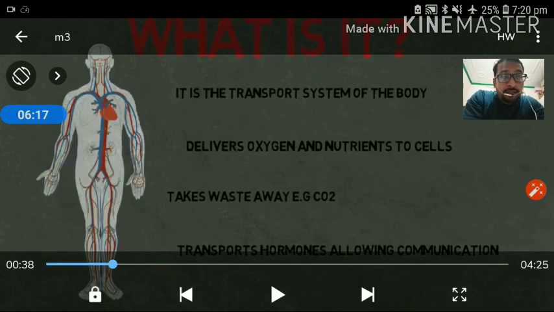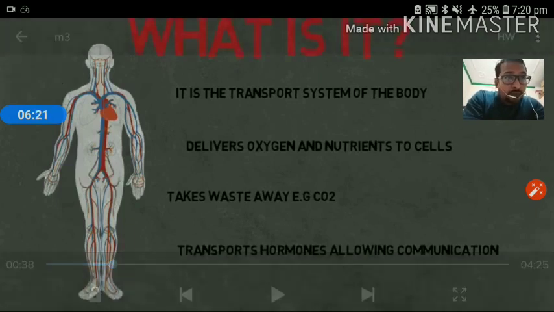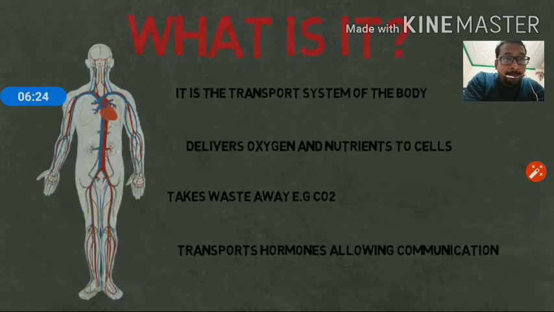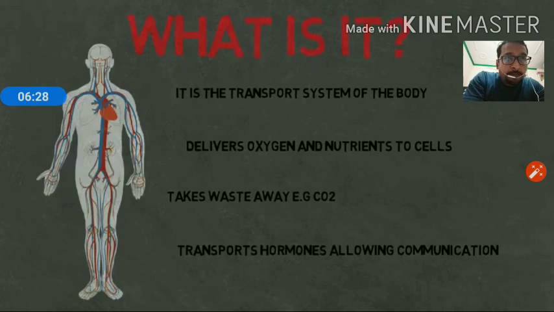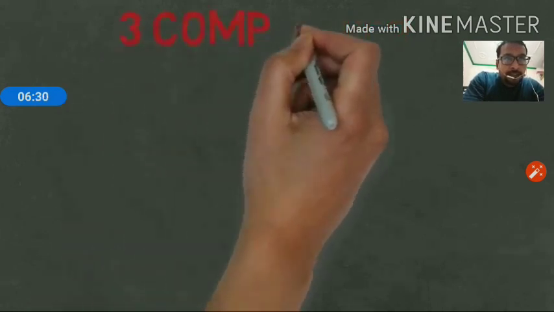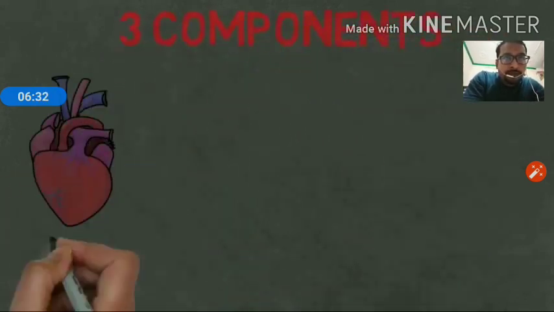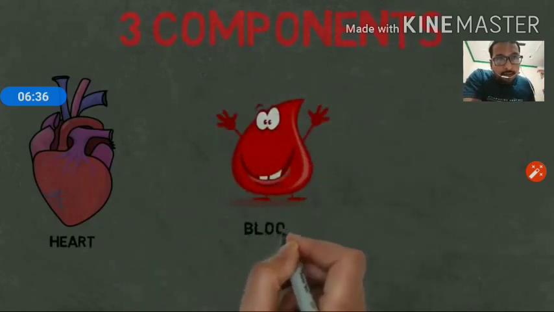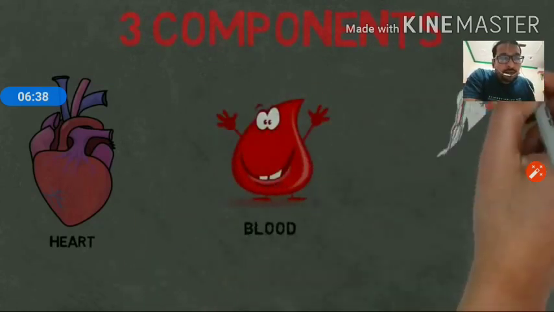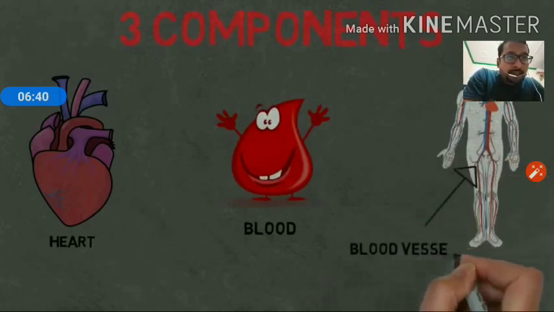And if it is not transported, it is not easy for us to work well. Let us also understand some of its components. There are three components. The first is, as you already know, the heart. Second is the blood. And the third one is the blood vessels.